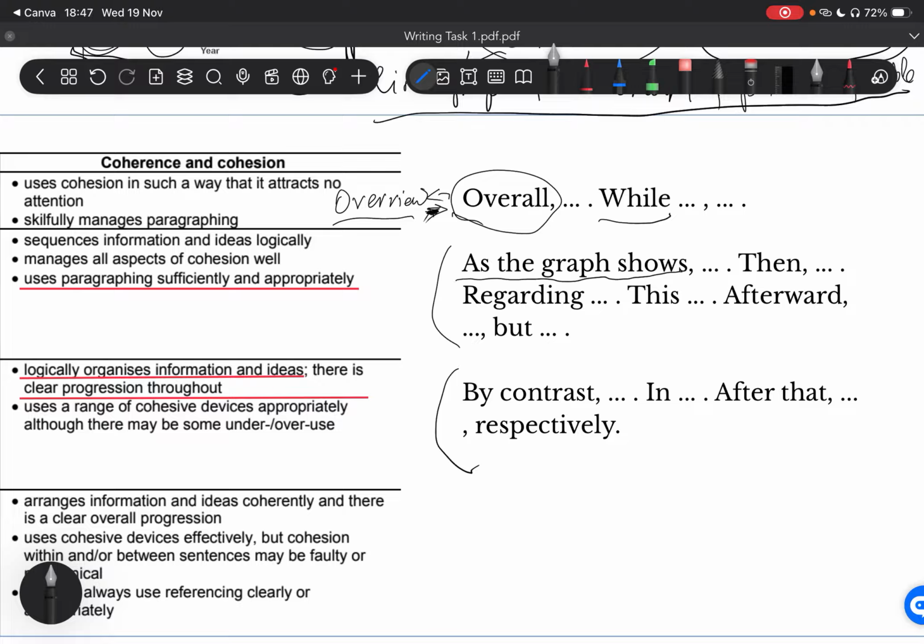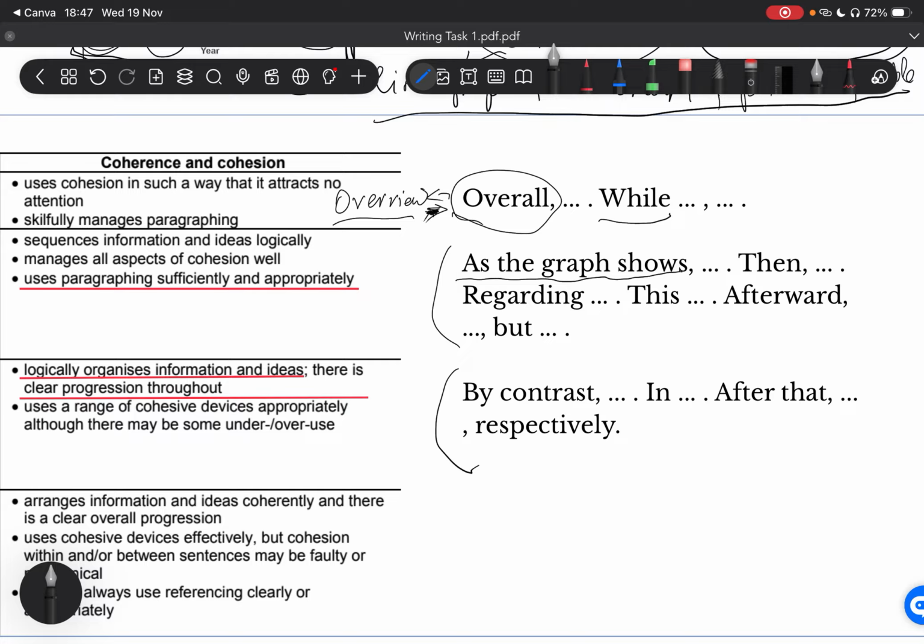Cohesive devices are so many, but all you need to remember is like 5, 6 cohesive devices.